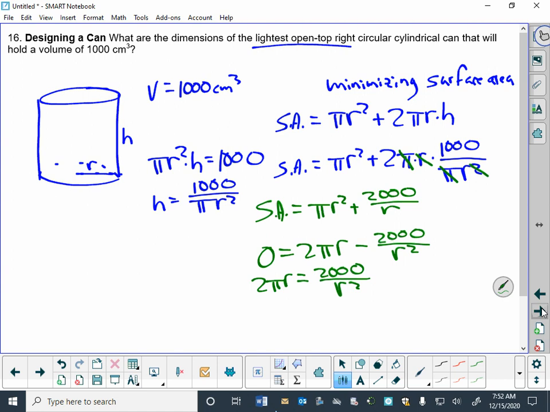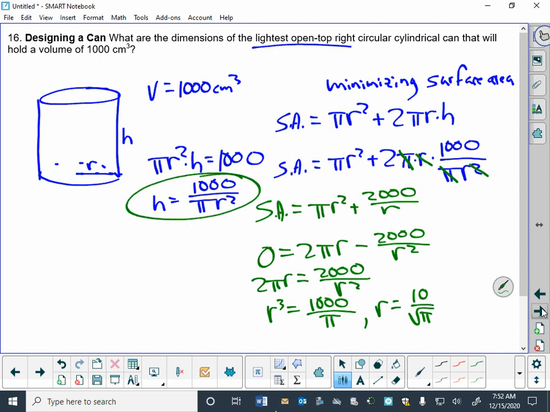So I'm going to get r cubed is equal to 1,000 over pi, which means that my radius that I'm looking for is going to be 10 over the square root of pi. So that's the radius.